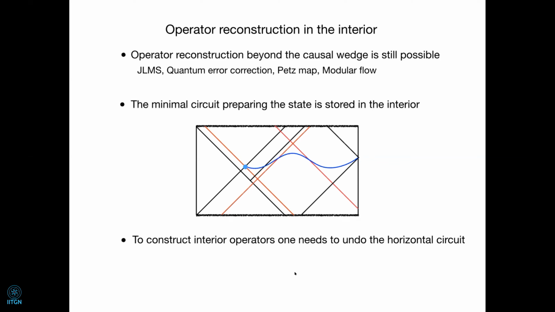We will see that under certain circumstances, this is essentially what the Petz map does. And from this, one can have some expectation about its complexity, that it should be related to how deep the operator is located. Again, this relation is only true under certain circumstances, as we'll see later.